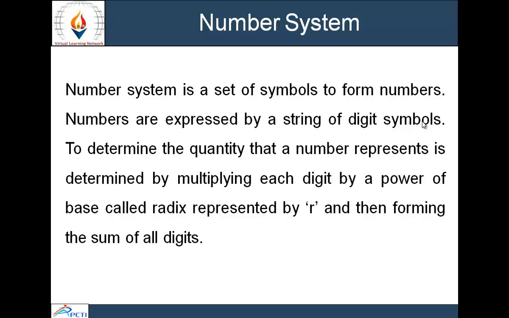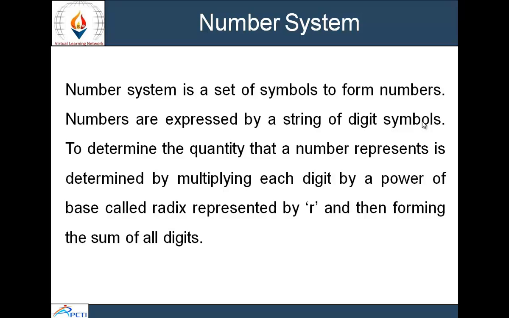Numbers are expressed by a string of digit symbols. The quantity that a number represents is determined by multiplying each digit by a power of base called radix, represented by r, and then forming the sum of all the digits.